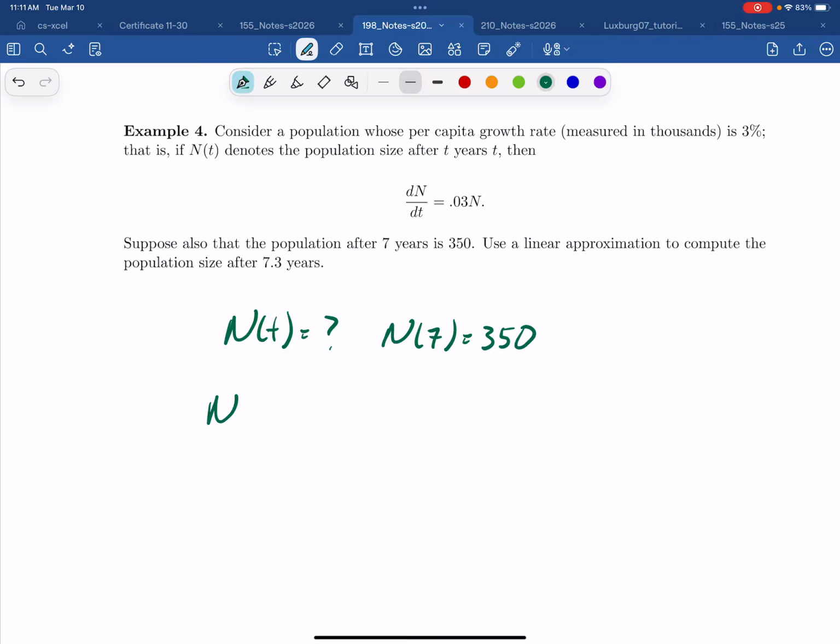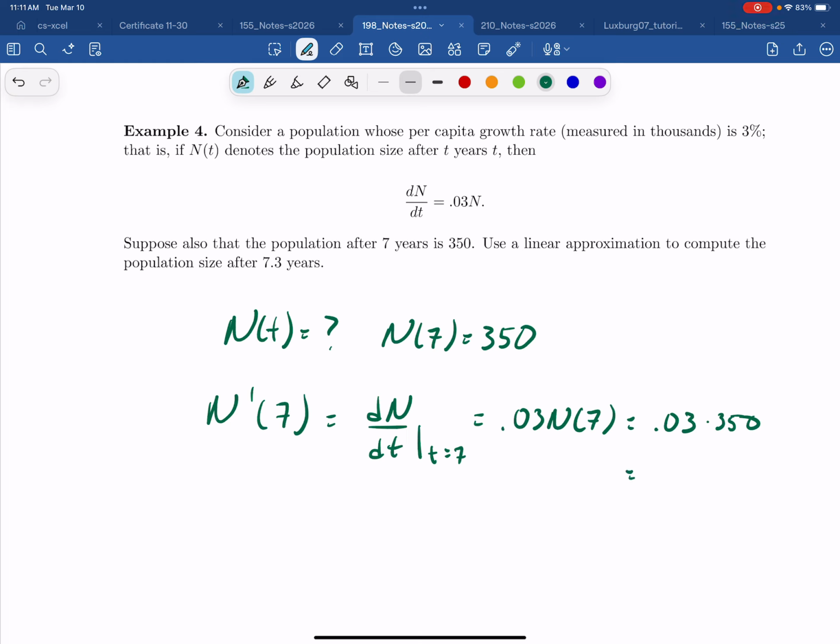And further, we know that n prime of 7 equals dn over dt, plugging in t equals 7, which gives 0.03 times n of 7, which equals 0.03 times 350. And we can do that one out. I think that's going to be 1,050. That's going to be 10.5. Is that right? Yeah, I think that's right. 10.5.